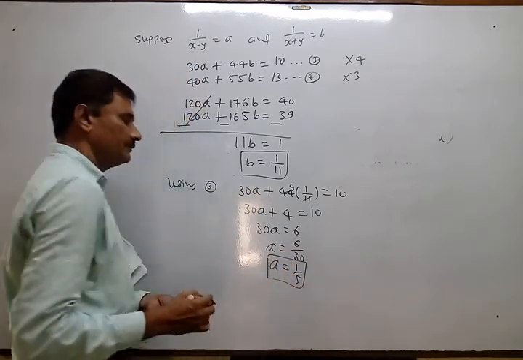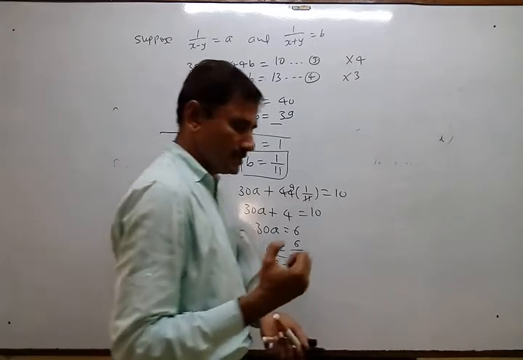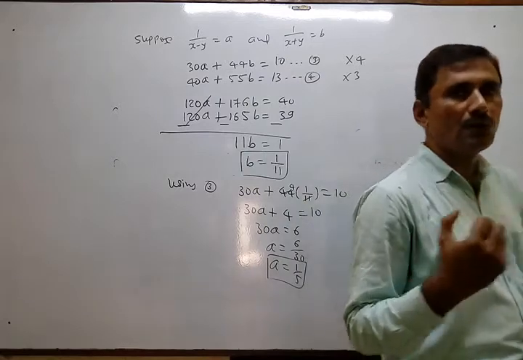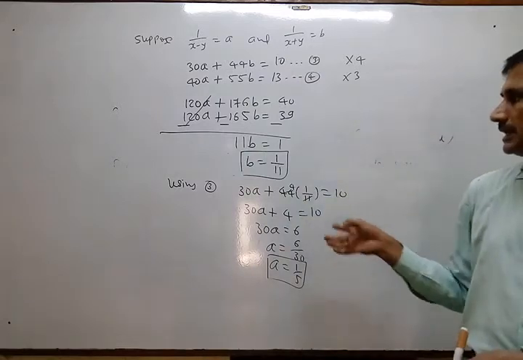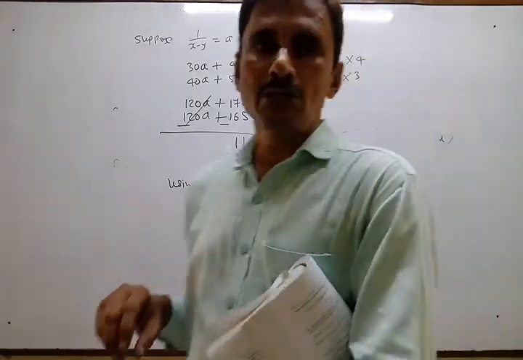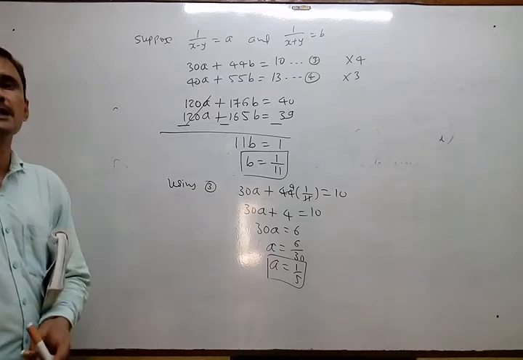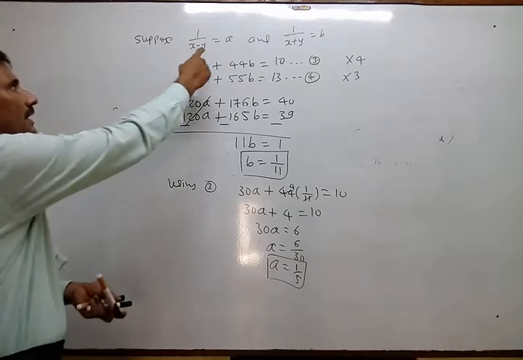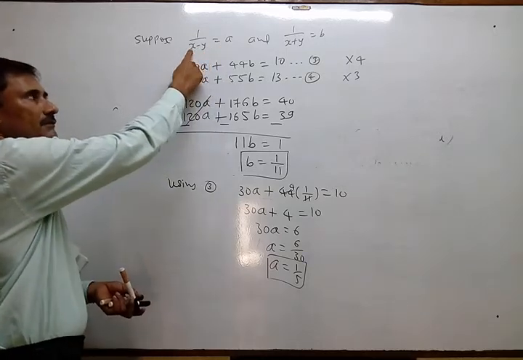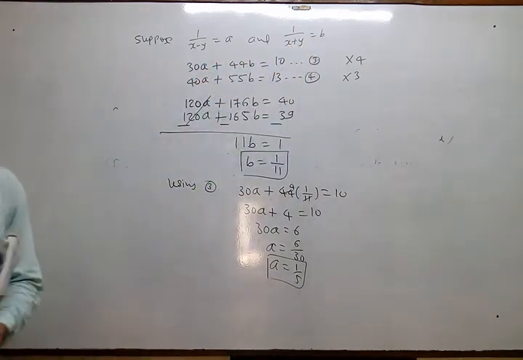So we got a and b both. But a and b are not the main variables. They were supposed later on to convert the equations into linear ones. Basically, the supposed variables are x and y. So we have to again remove a by its real expression and b also by its real expression.